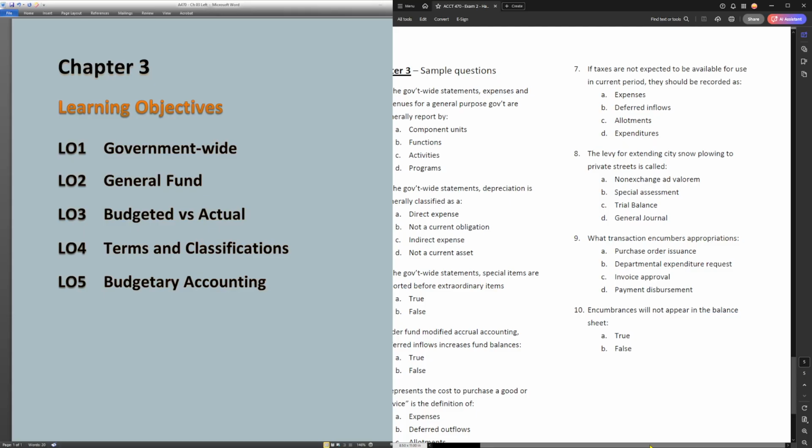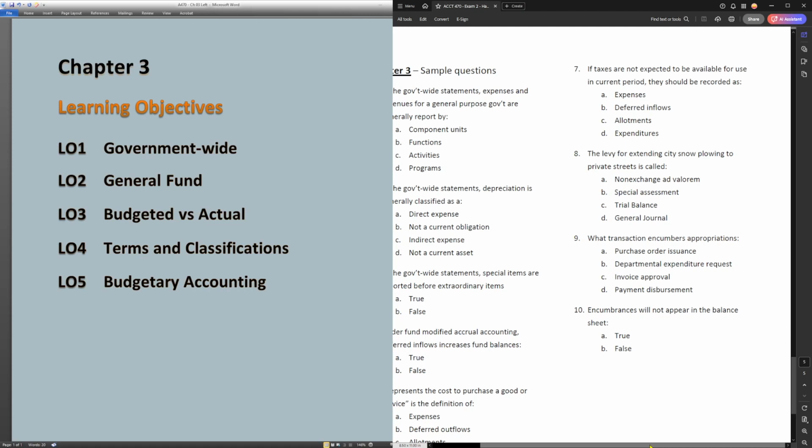The levy for extending city snow plowing to private streets is called a special assessment, because a special assessment is like a property tax, in that it's levied according to property boundaries, but it's not a property tax to everyone with property holdings within the jurisdiction. A special assessment is just to a certain group of property holders based upon whatever the criteria or situation is.